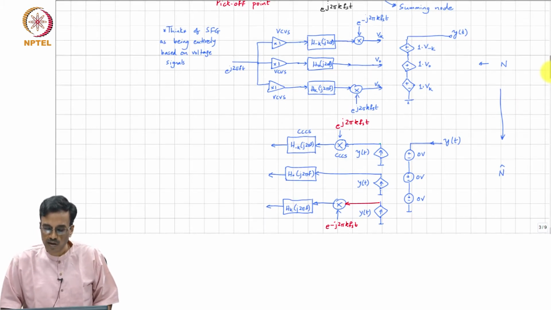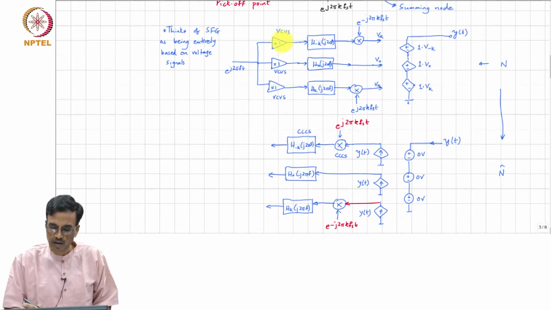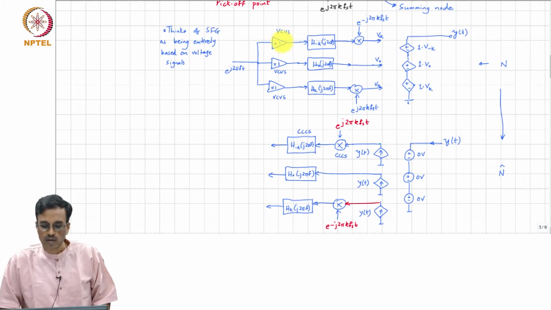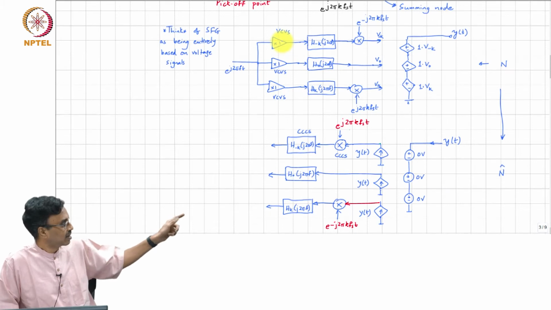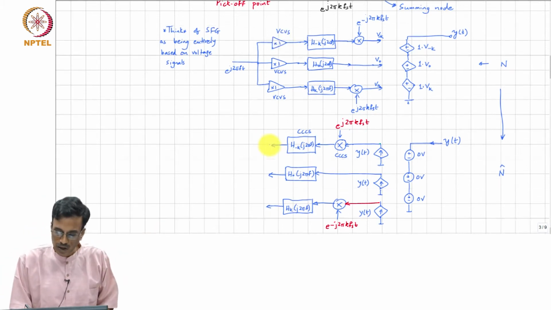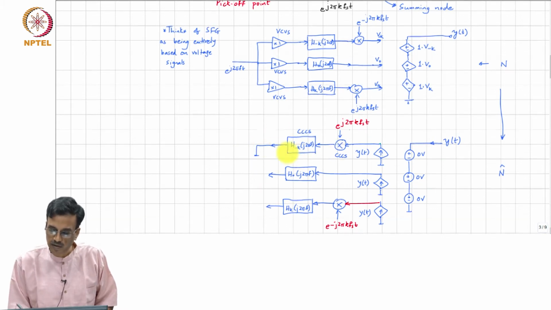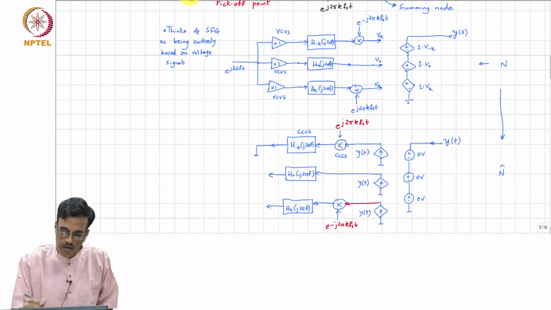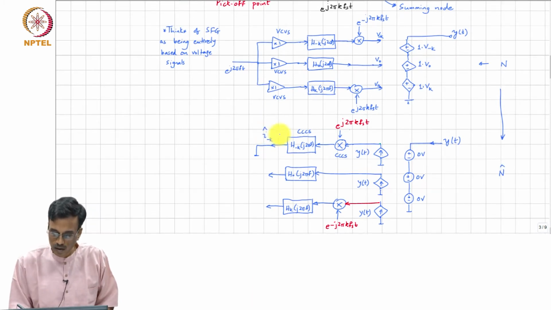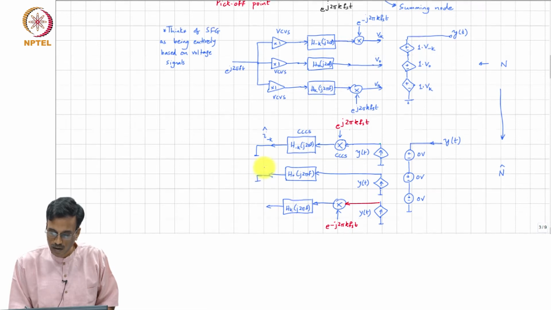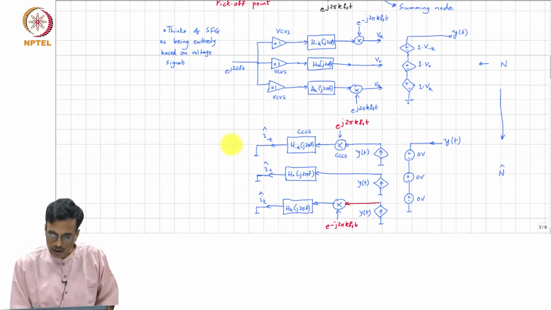So, what is the next step? Well, earlier we had VCVSs in this direction, they must now become CCCSs, right. So, let us call this I minus k hat. This is I 0 hat and this is I plus k hat, all right.